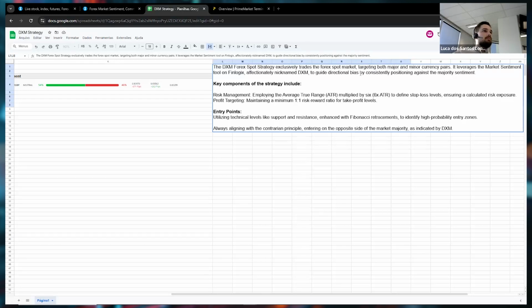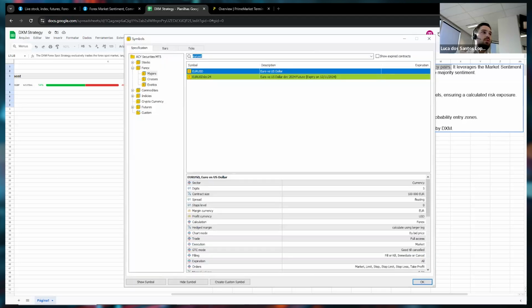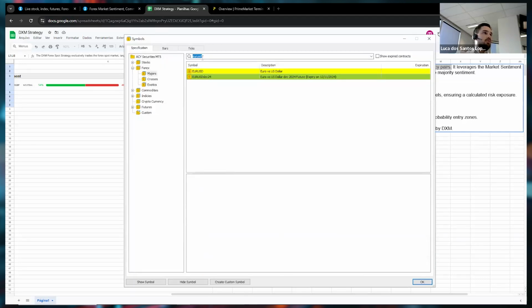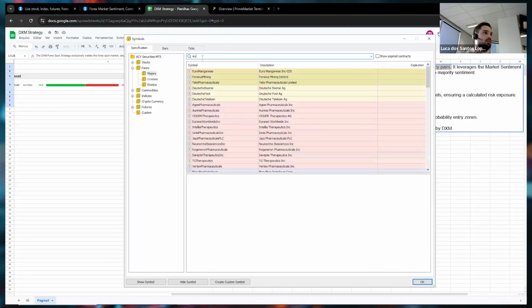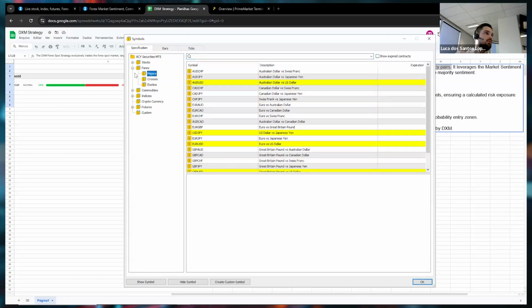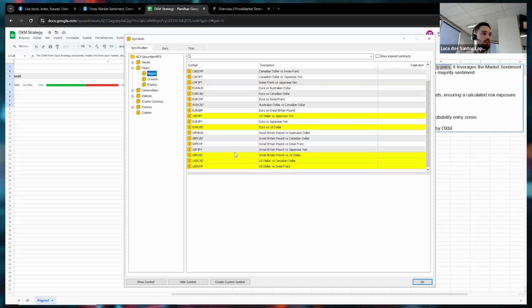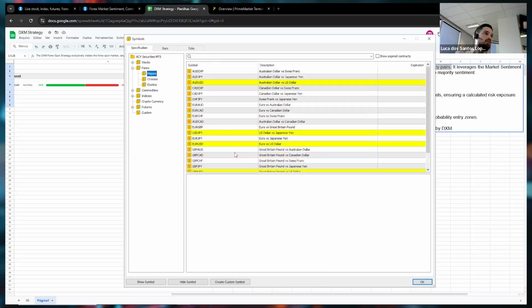Now, targeting both majors and minor currencies: we're going to be targeting the major currencies. If you open the contracts on your MetaTrader, you can come to Forex and then majors. These are all the major currencies: Euro, Australian dollar, CHF, Japanese yen, Canadian dollar, the pound as well.